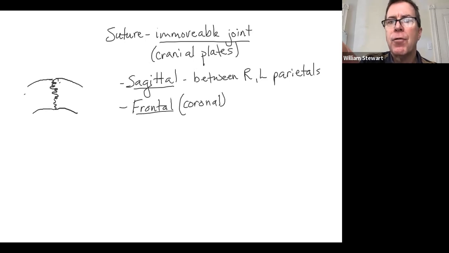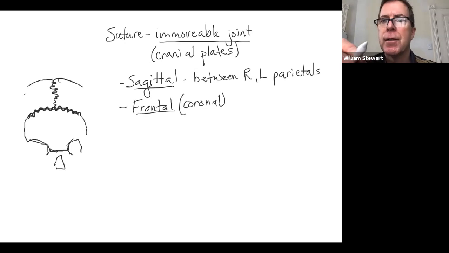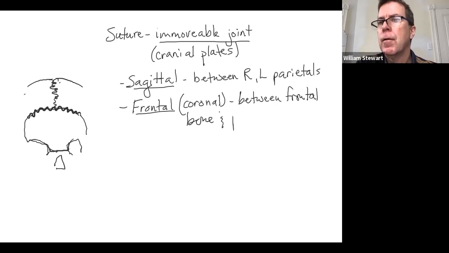If this is the forehead, here's an eye socket coming down the forehead. Here's the other orbit or eye socket. This would be the nasal cavity. So this is the frontal bone. There's a suture between the frontal and the parietals. That's the frontal suture. And the left and right parietals.